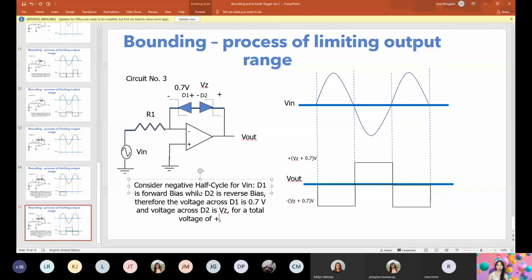But I think I have to limit it. We start from differential to instrumentation, integrator, differentiator, and up until instrumentation amplifier. Would that be all right, class?